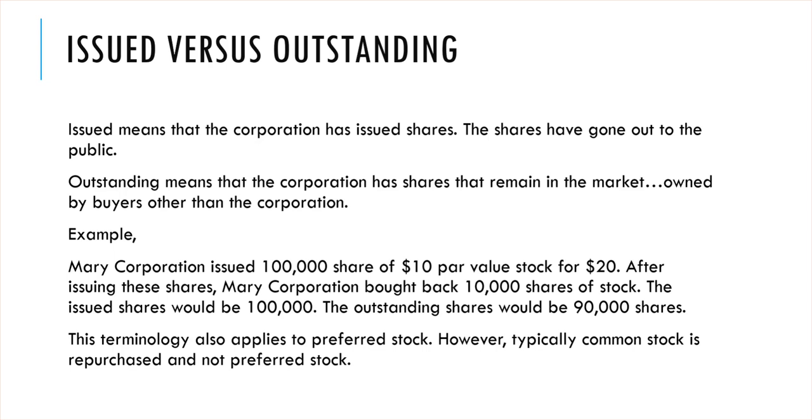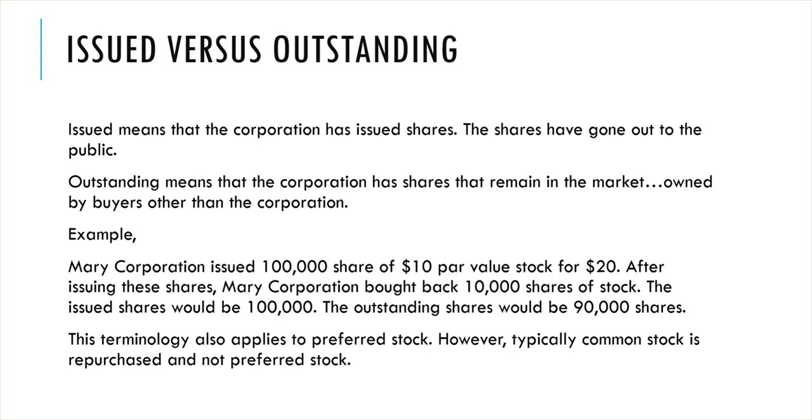Sometimes it's helpful to think of the treasury as a box. It's a treasury box, and you're putting the shares in it. If you had 100,000 out there and you took 10,000 out, the amount out there in the market is now 90,000.